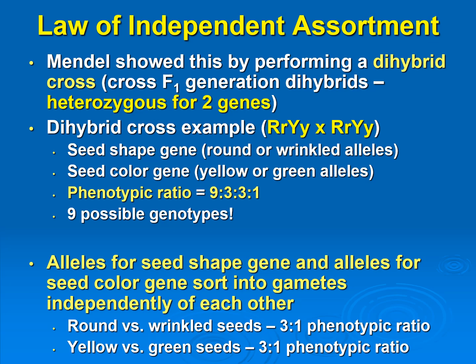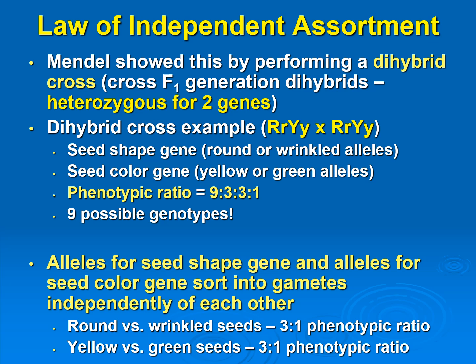He took two plants that were heterozygous for seed shape and seed color, and he crossed those as his two parents. What he saw in his crosses is that he ended up with this phenotype ratio. Remember, phenotype is what you look like. He got a 9:3:3:1 ratio with the offspring of this dihybrid cross. And that's how he figured out the law of independent assortment.